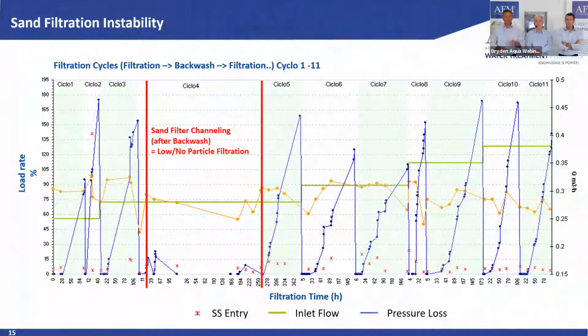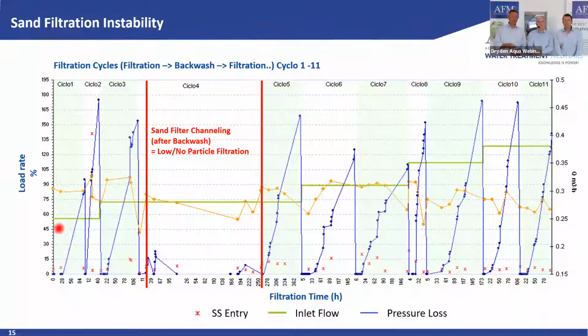This is a study that we got from our friends from Spain, from PS Water. Patrick, I don't know if he's on the call, but that was a really good one. They had a wastewater treatment with 2 completely identical filters, one filled with AFM, one filled with sand. And here you see the sand pattern. Here below you have the time, and here you have the loading rate.